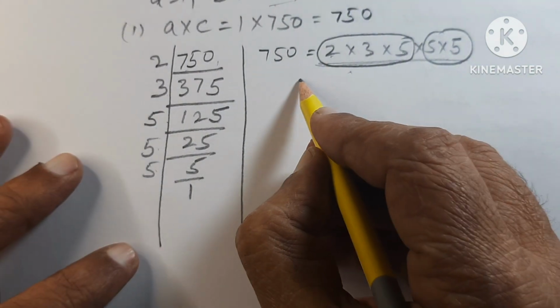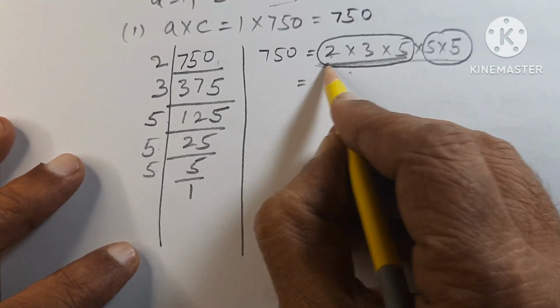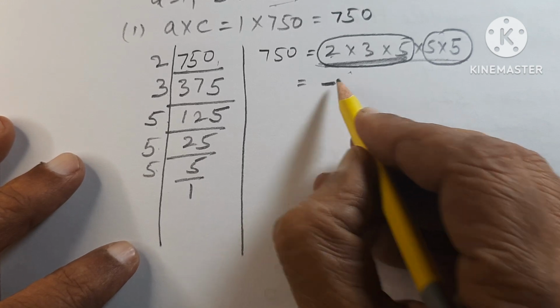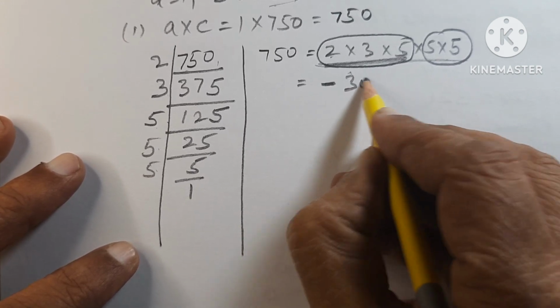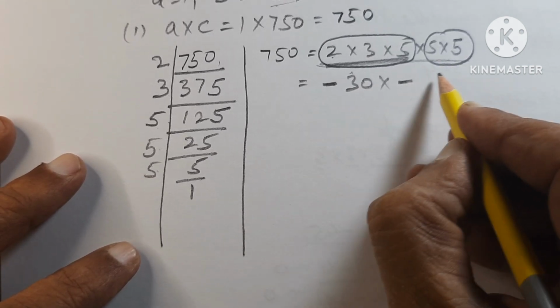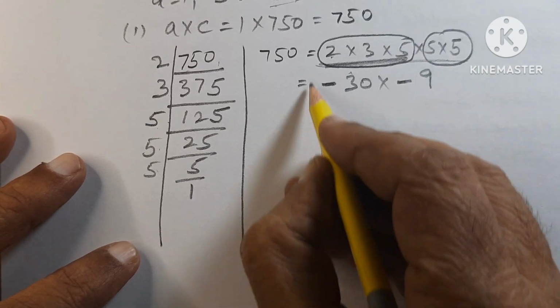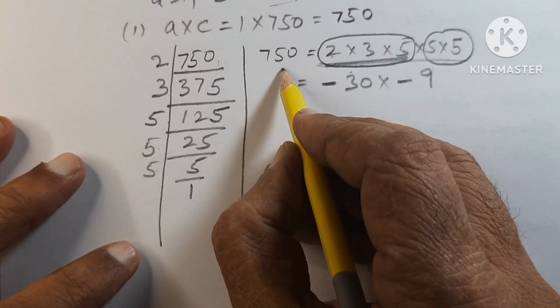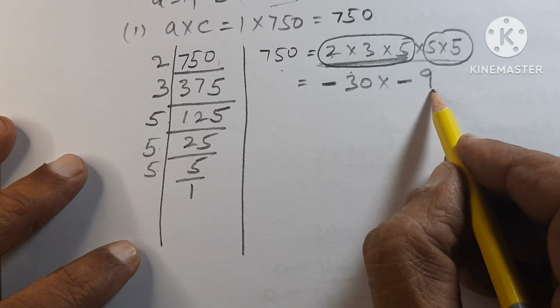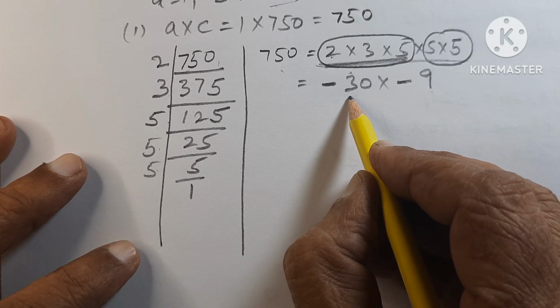Now how to create minus? That means I will put this as minus 30 into minus 25, because when you multiply it will be plus.